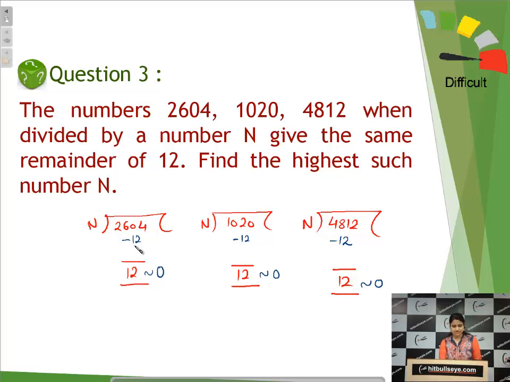So, what is 2604 minus 12? That is 2592. 1020 minus 12, that is 1008. And the third number will become 4800.